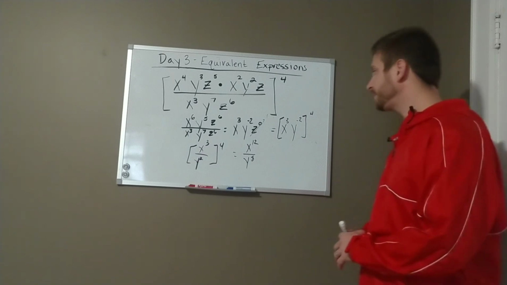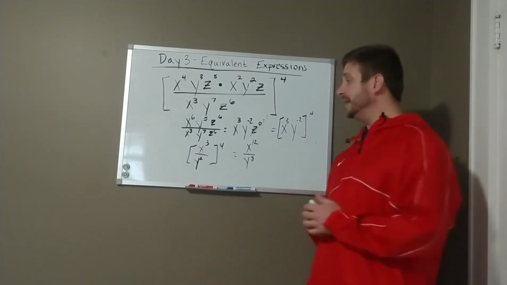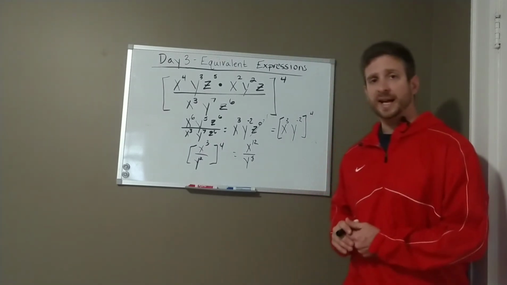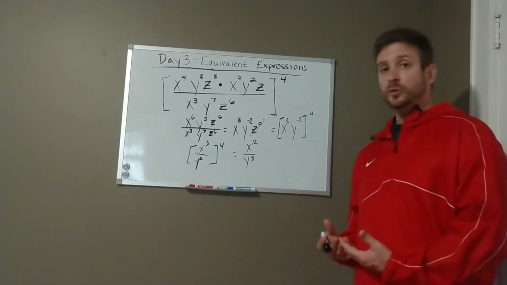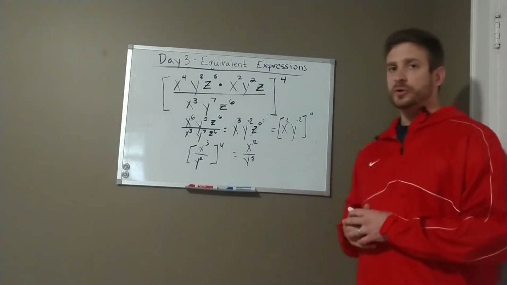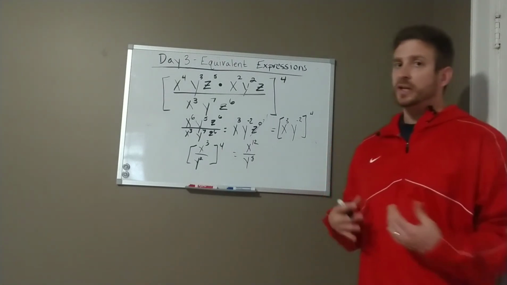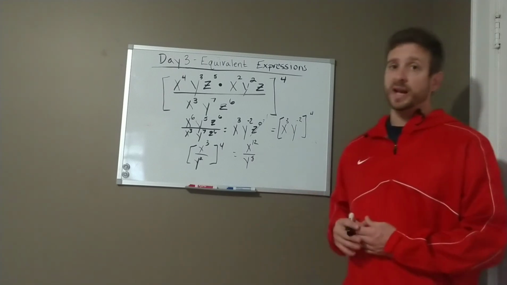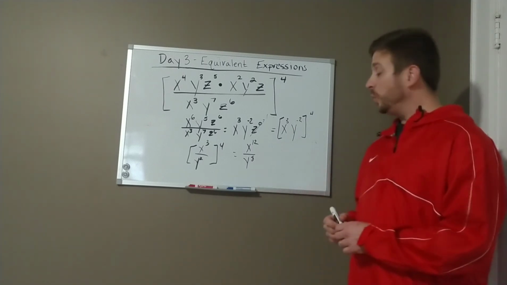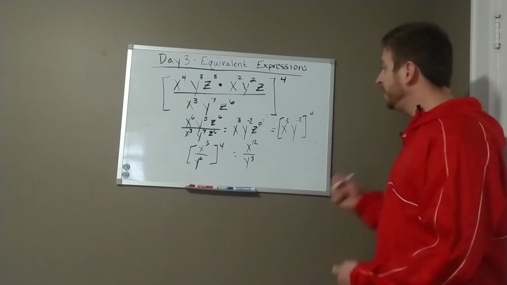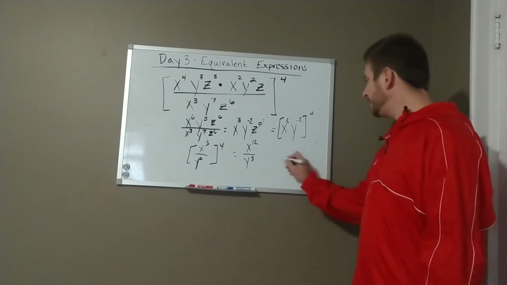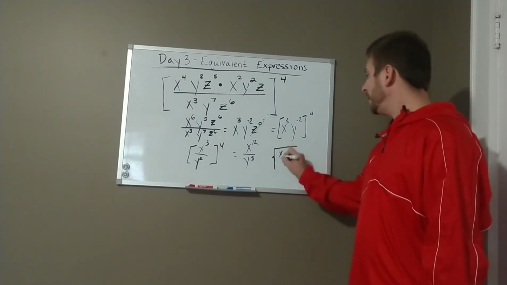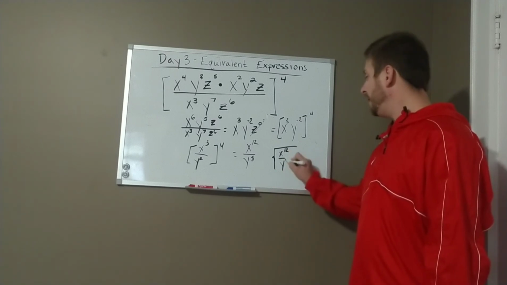Easy mistake to make. And then lastly, going back into what we talked about last time, radicals are fractional powers. So a square root is the same as raising something to a 1/2 power, which means we could use that same idea and take the square root of this, x to the 12th over y to the 8th.